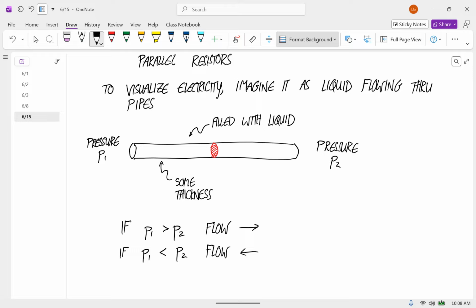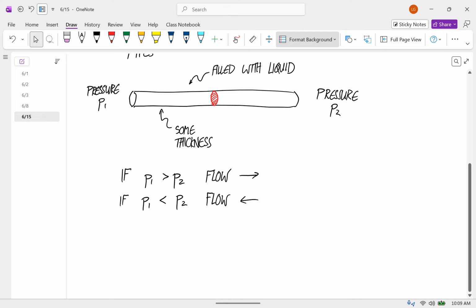And if the pressures are way higher, if the pressure on the left is 1 times 10 to the 6th pascals, and the pressure on the right is 1 times 10 to the 6th minus 2 pascals, the flow speed is going to happen exactly the same way as when it was 2 and 0. It would probably burst the pipe unless it's a very strong pipe, but if everything can withstand those pressures, all that matters is one pressure minus the other pressure.